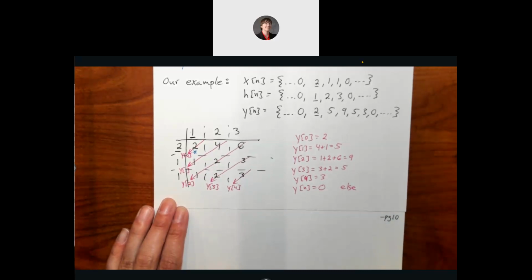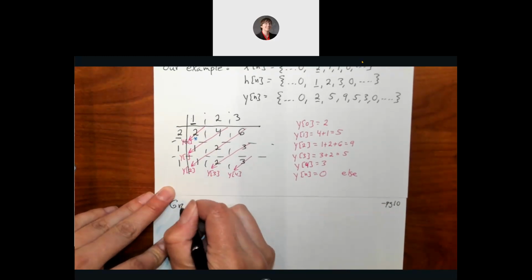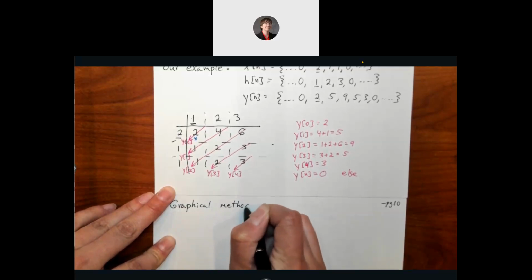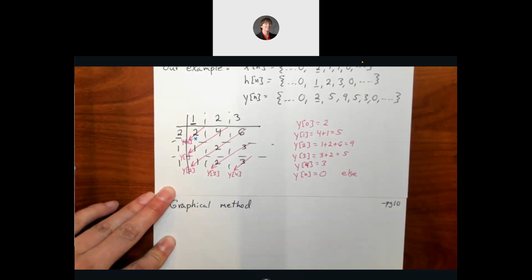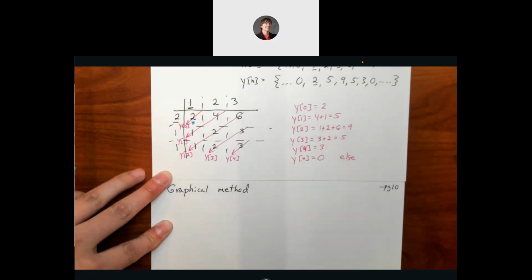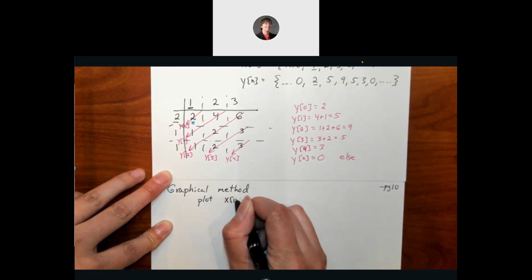If you're not really comfortable with this array method, what you could also do is a graphical method. This also tends to work a little bit better if you have finite length signals. It helps if you're more of a visual person.